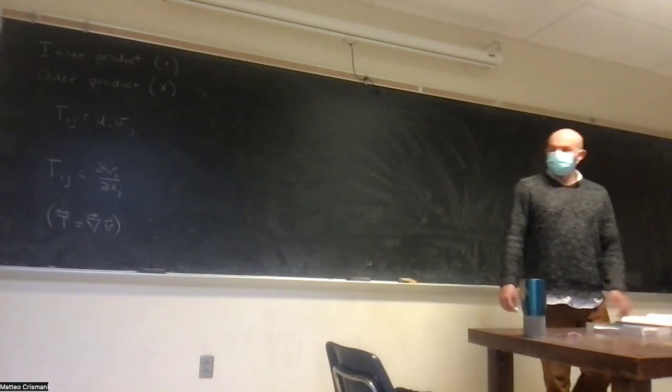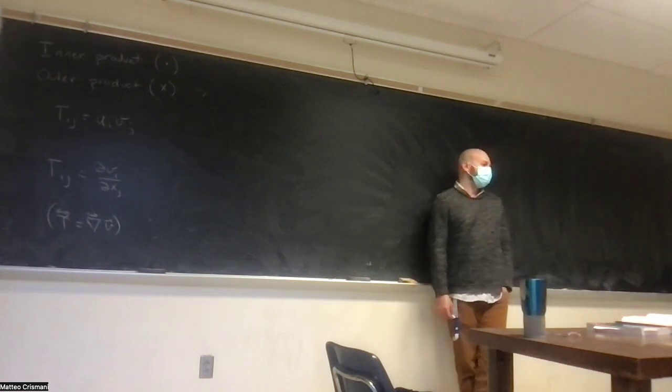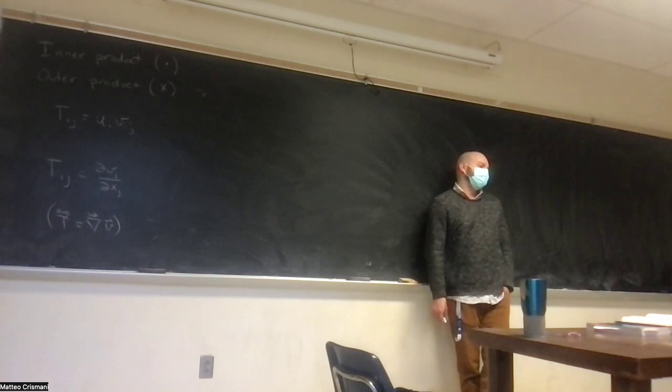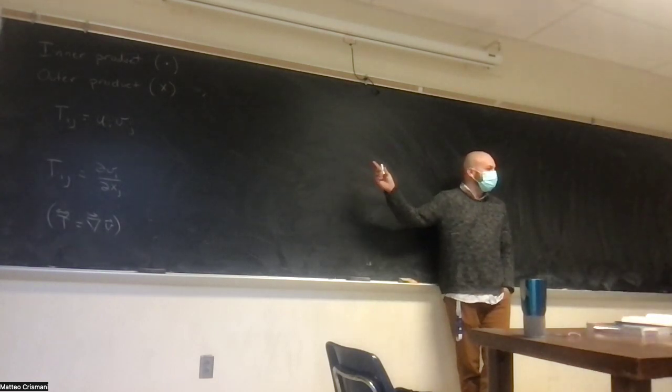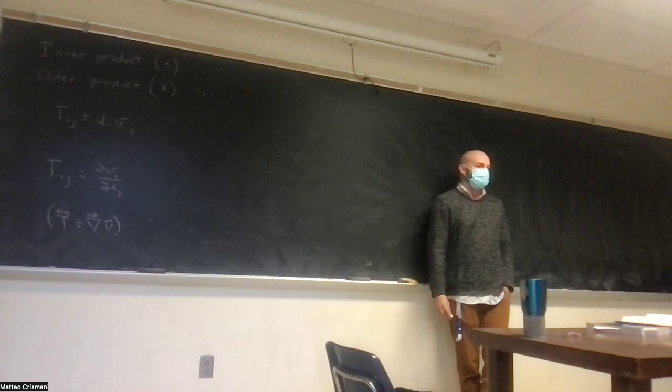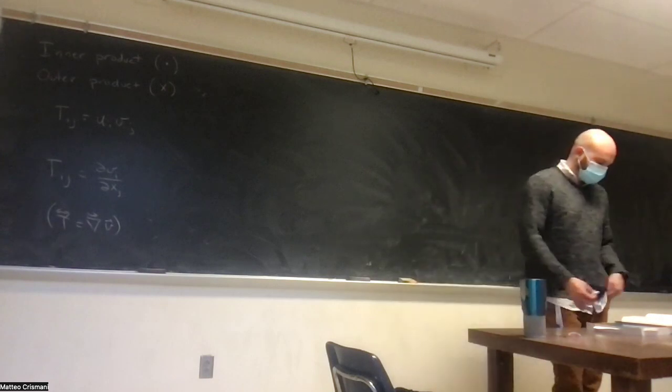Okay, so let me introduce you to another fun tensor. This one is really going to practice these ideas of understanding our indices. And we're going to go back to these ideas of dot products and cross products. We're going to talk about something called the metric of flat space.